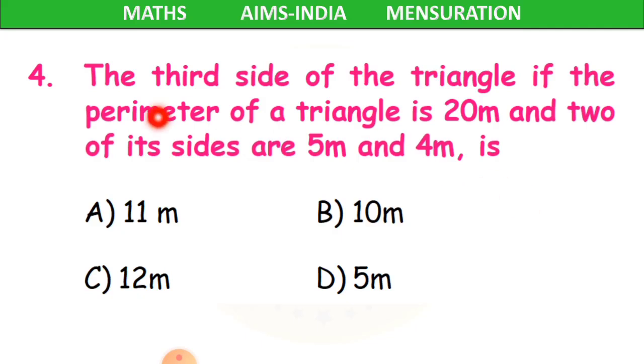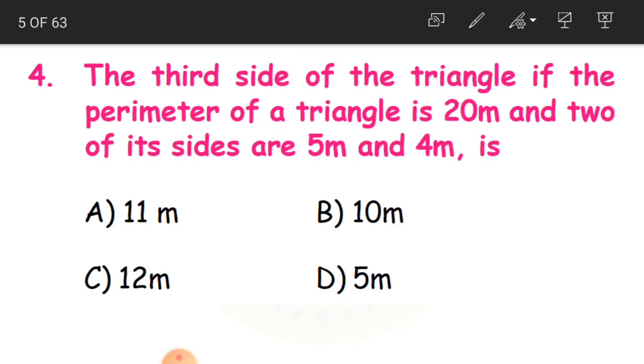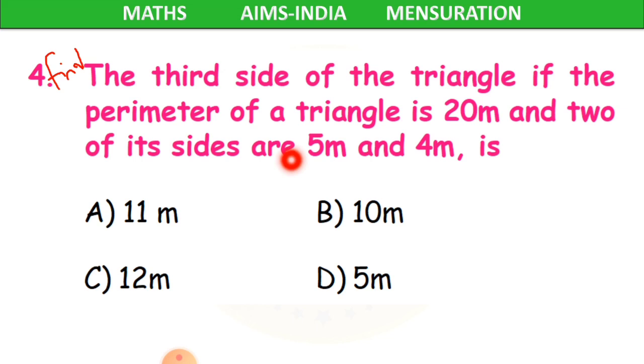Next, question 4. Find the third side of the triangle if the perimeter of a triangle is 20 meters and two of its sides are 5 meters and 4 meters. Yes, read this question carefully, children. What should we find out?